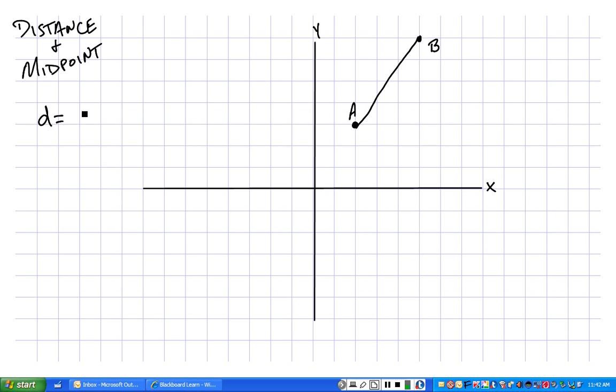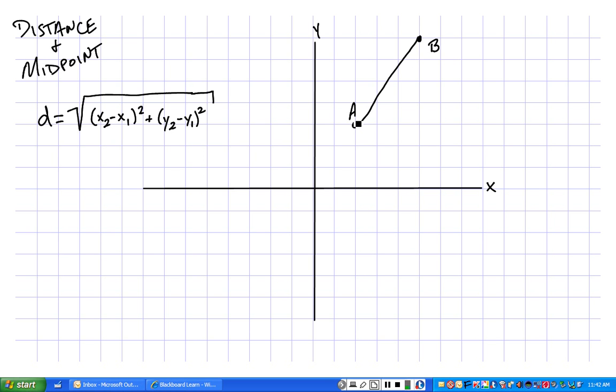Distance equals the square root of x sub 2 minus x sub 1 squared plus y sub 2 minus y sub 1 squared, all under the radical.